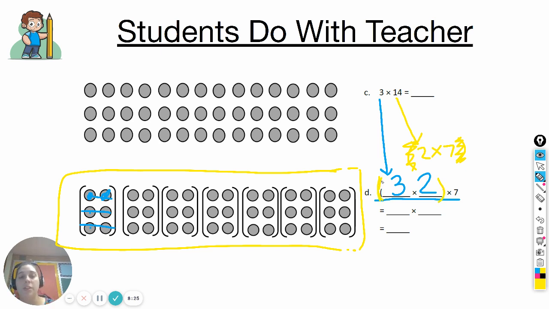So that's where the associative property is letting us change the parentheses to make an easier problem. So on your board right now, you have 3 times 2 times 7. That's because your small array is 3 rows of 2, and there's 1, 2, 3, 4, 5, 6, 7 of those arrays.